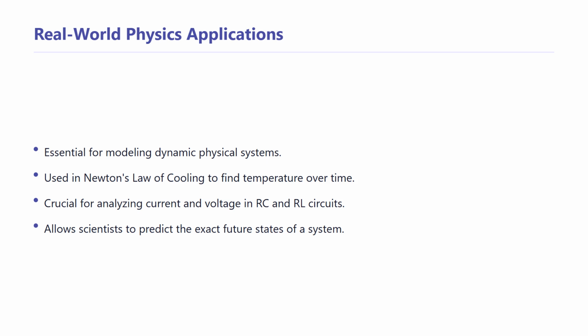For example, it is used to calculate how a cup of coffee cools down over time according to Newton's law of cooling. It is also absolutely essential in electrical engineering for analyzing circuits, where the current changes over time based on supplied voltage. It bridges the gap between setting up a physical law and getting a usable formula.